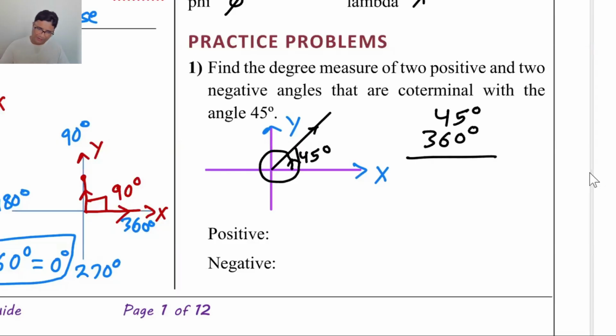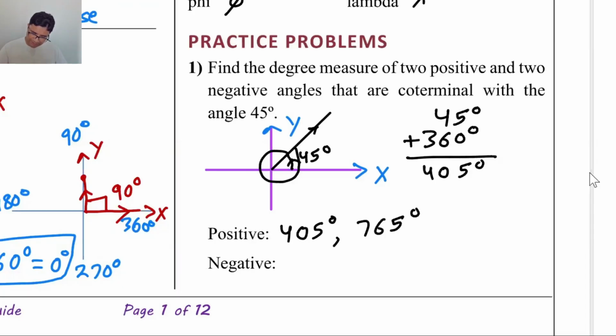You get another positive angle. So that would be 405 degrees. And then you add another 360 to it, and you can do it mentally actually, 765 degrees. And this is addition. If you want to get negative angles, you take 45 degrees and subtract 360 degrees.